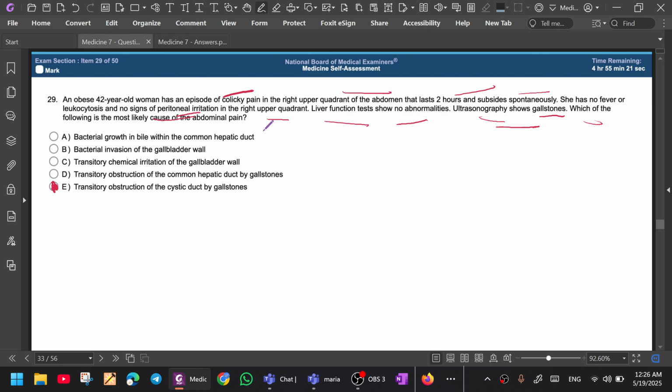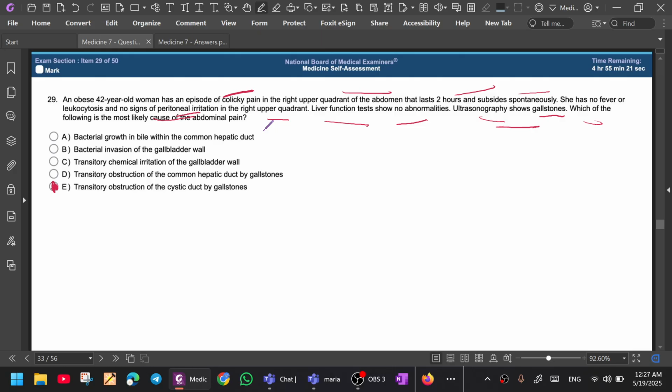From what I think, it is obstruction in the cystic duct, so the bile backs up, the bacteria can come in and cause inflammation of the bile inside the cystic duct because it's blocked and the bile cannot go out. I thought that was cholecystitis. Am I wrong?